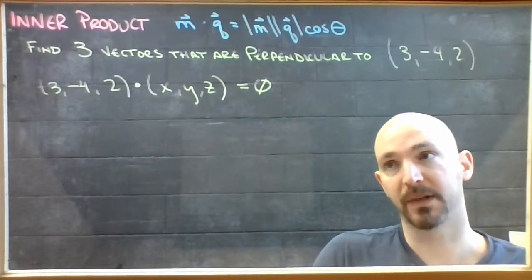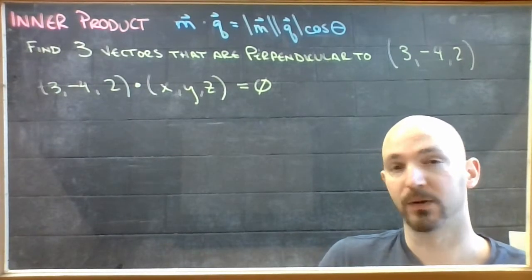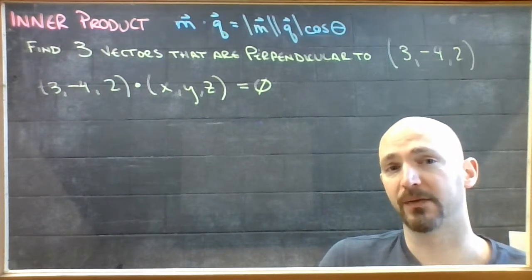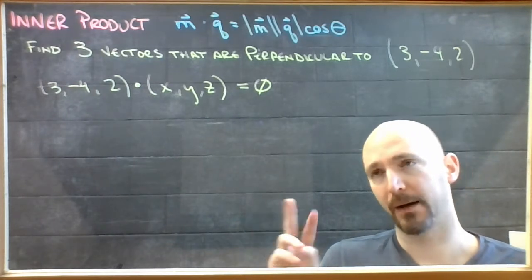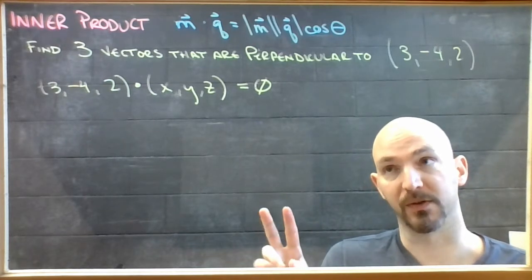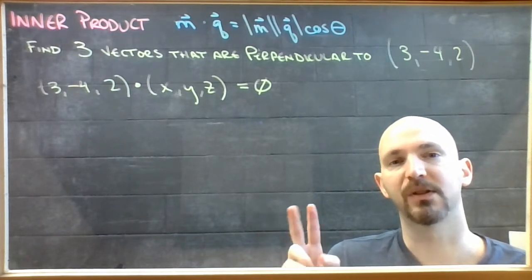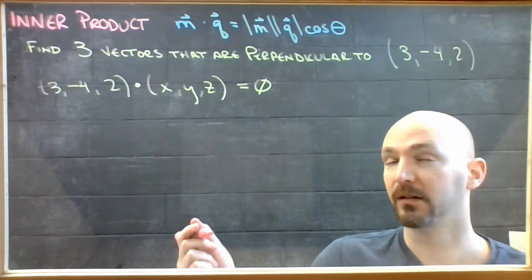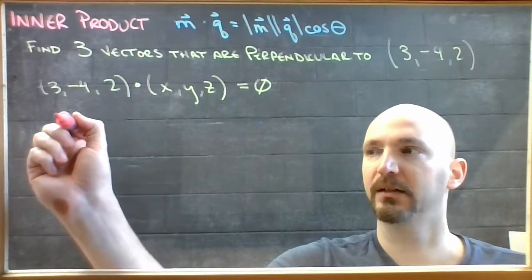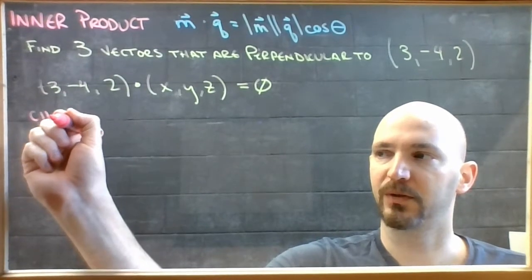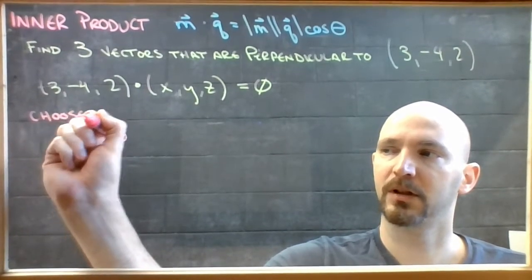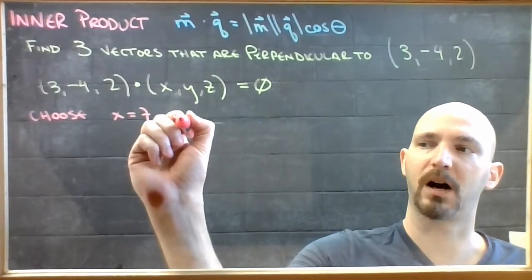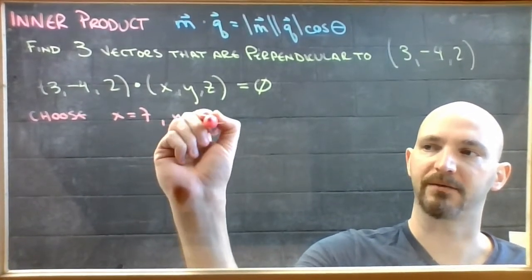Now that's very complicated. I have 3 letters and only one equation. If that happens to you, you have too many degrees of freedom. So I'm going to have to choose 2 numbers randomly and then use those 2 numbers to calculate the third. So what's your favorite number for x? 7? Okay, so choose x to be 7, and let's make y 5.